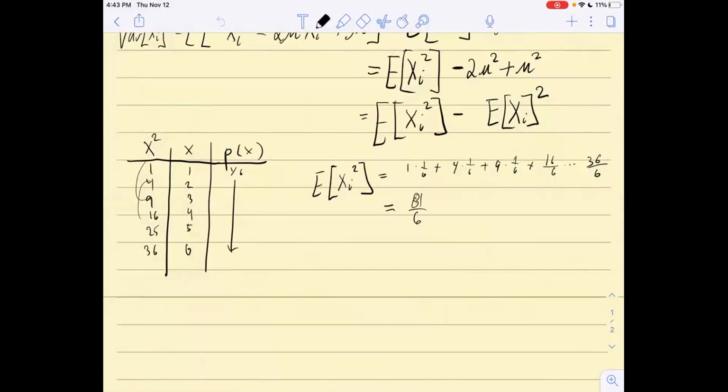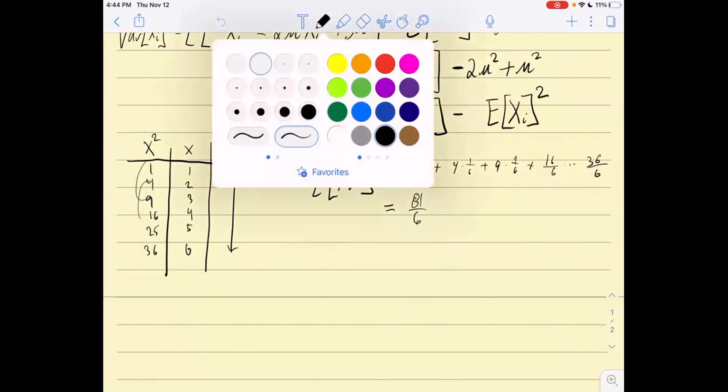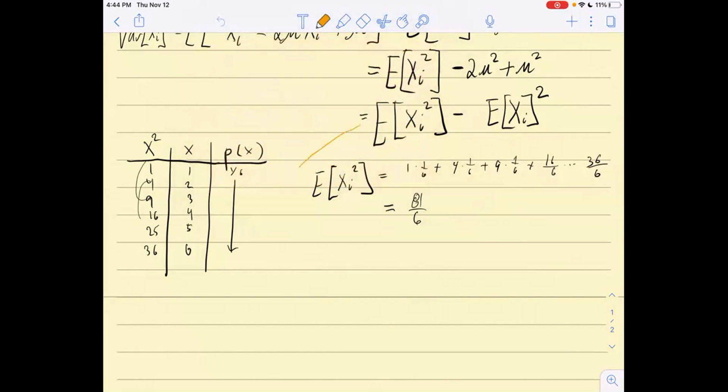Okay. So I was just going over the fact that there's another way to calculate variance, which is just to take the expected value of the square of the random variable and subtract off the square of the expected value. If you do this together, you get the variance formula continuing from over here.